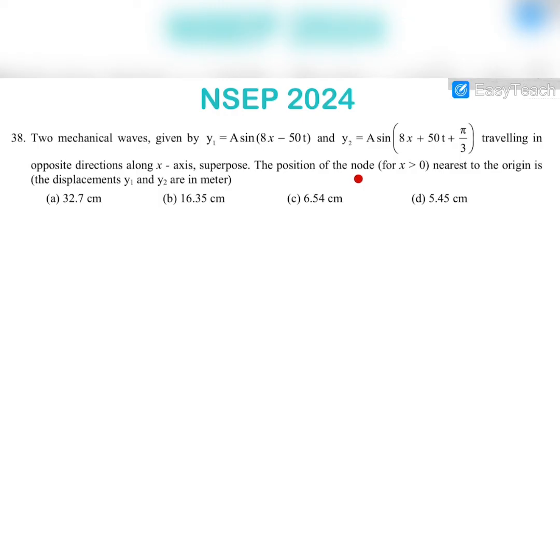Now the position of the node which is nearest to the origin will be.